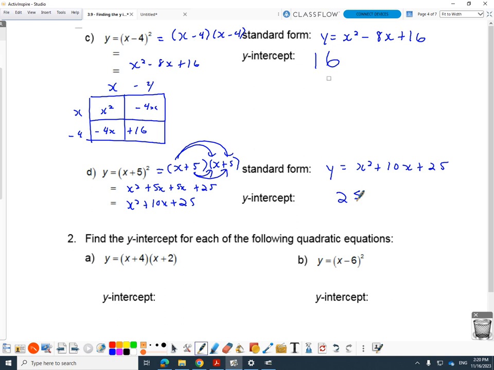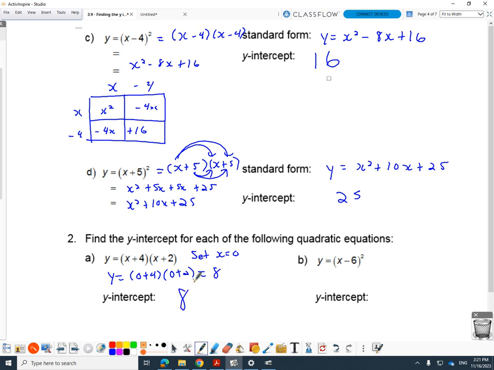Good. So I go y equals (0 plus 4) times (0 plus 2). And you can get your calculator out, but what's 0 plus 4? 4. What's 0 plus 2? And what's 4 times 2? 8.